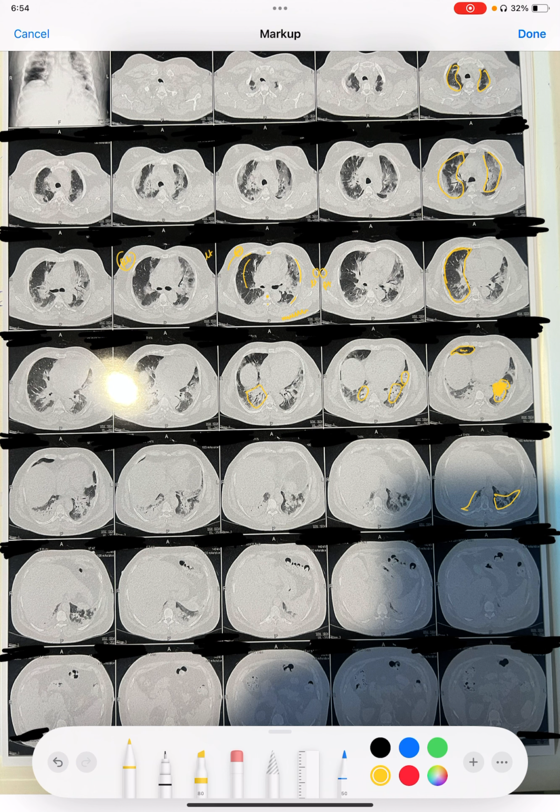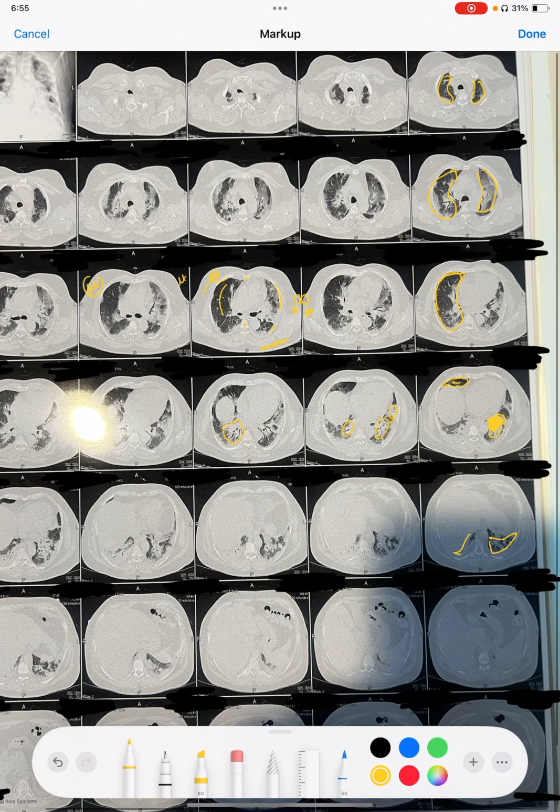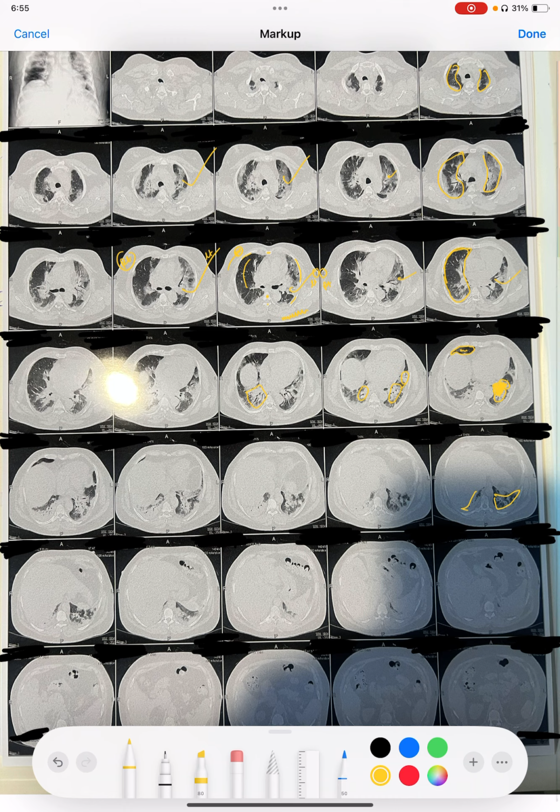So if we see, lung is divided into lobes. Each right lung and left lung is divided into lobes, and these lobes are completely anatomically separated from each other. So definitely we can see left lung is involved here, here, here, here, here. So almost all the lung lobes, whether it is upper, middle, or lower, they are involved. Same is with the right lung.